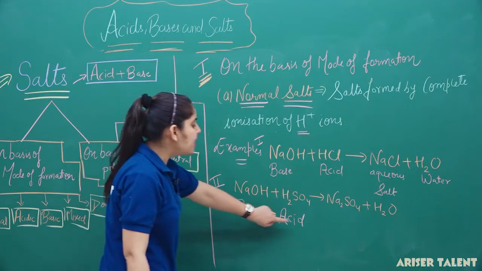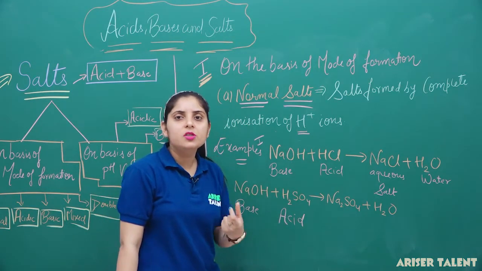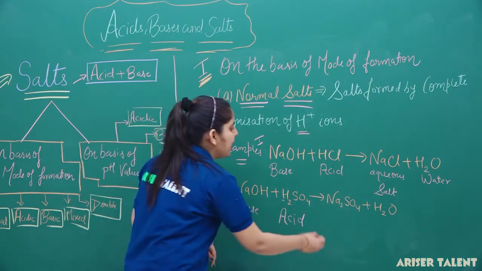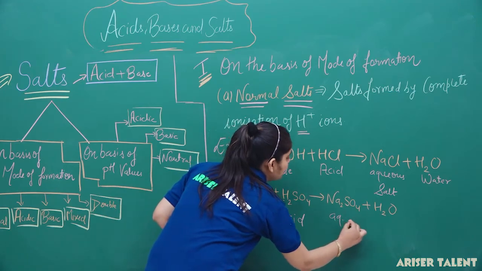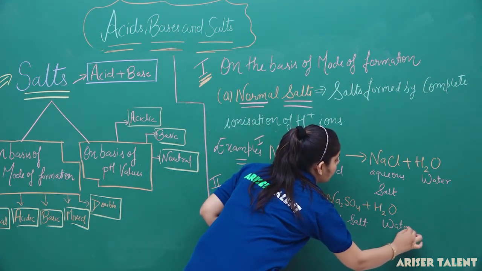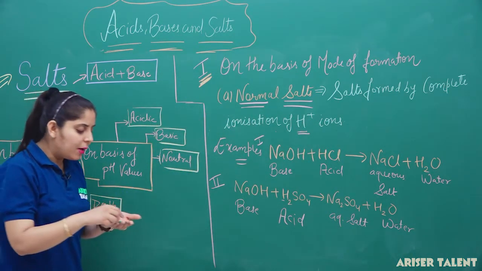Now base and acid will react to form a salt. This is actually the normal salt because again there is complete ionization of the H plus ions. So this is aqueous salt with the elimination of water.